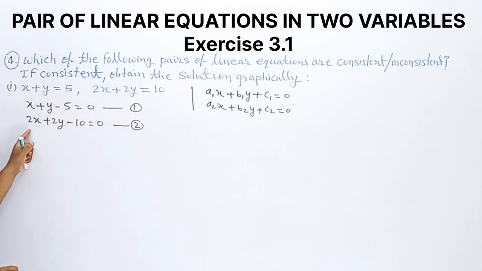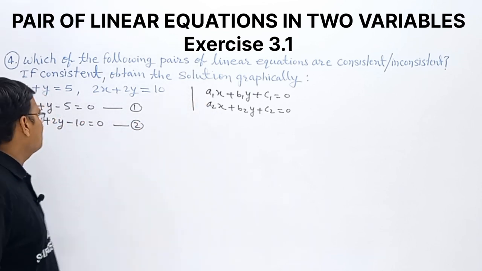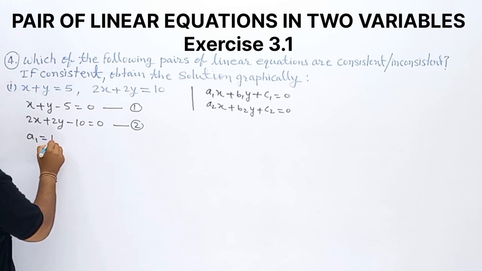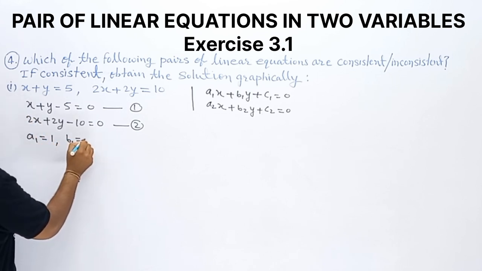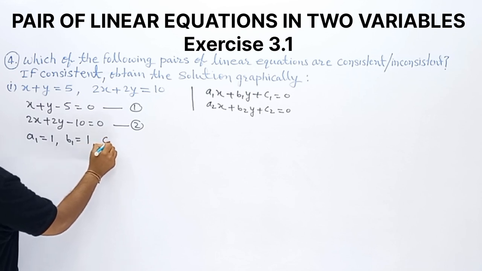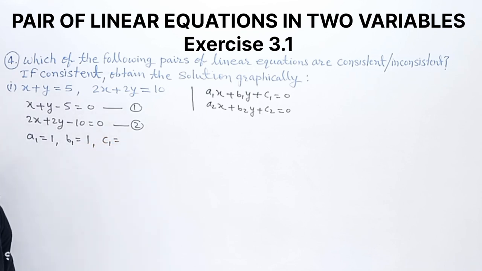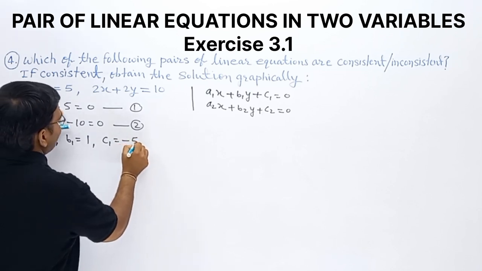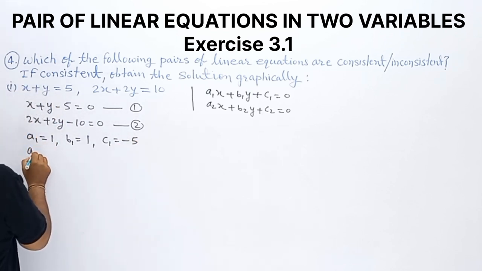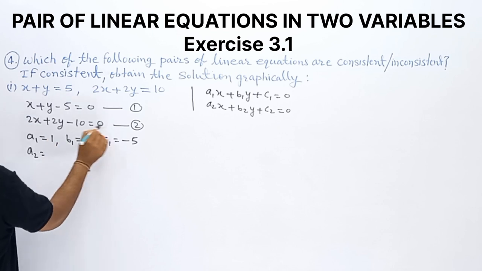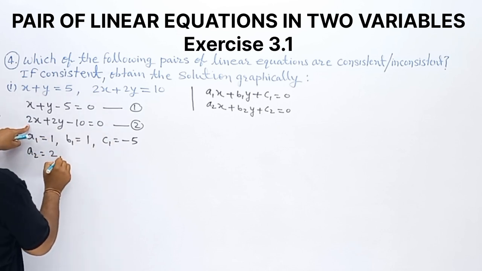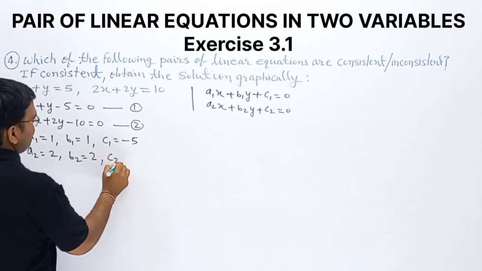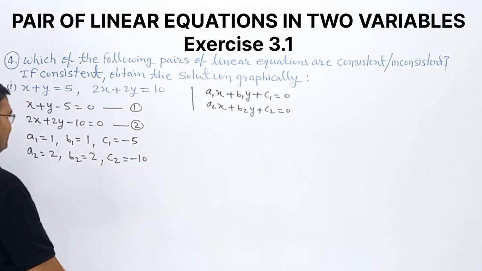Now compare coefficients with the general equations. a1 is the coefficient of x, 1, b1 is the coefficient of y, 1, and c1 is the constant, minus 5. Now a2 is the coefficient of x in the second equation, which is 2, b2 equal to 2, and c2 is minus 10.